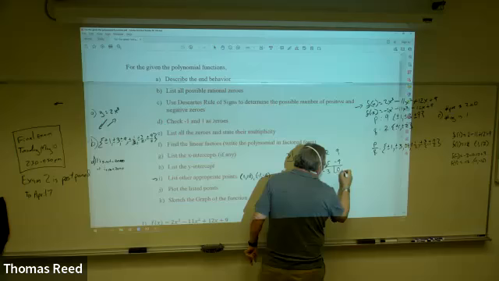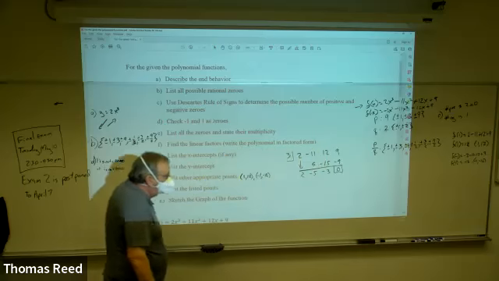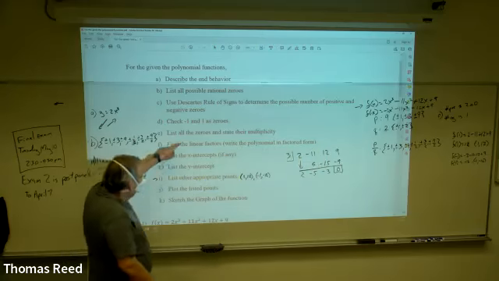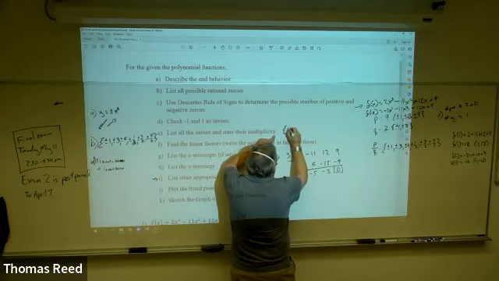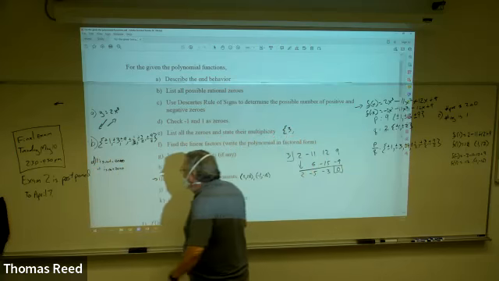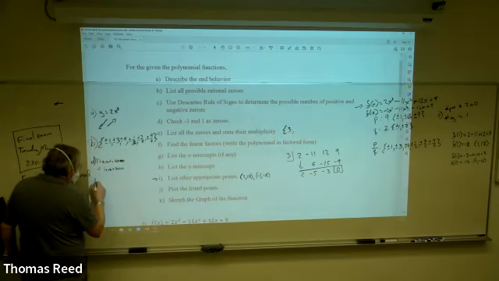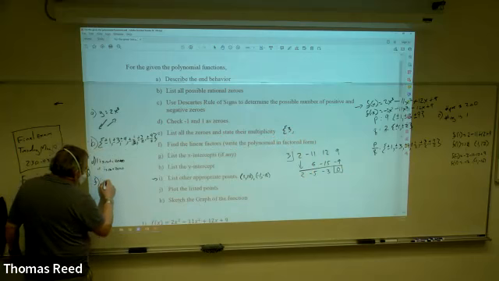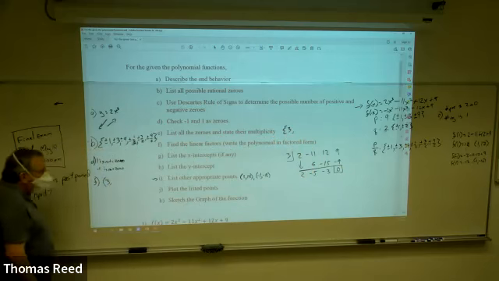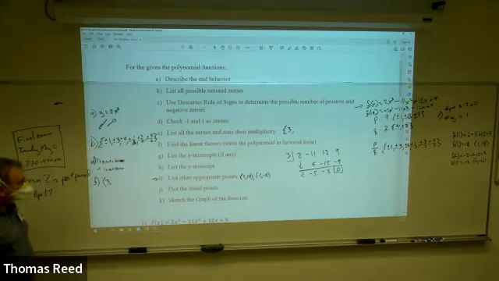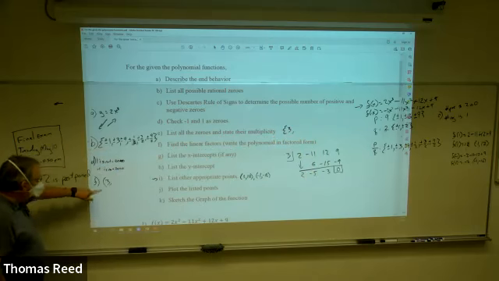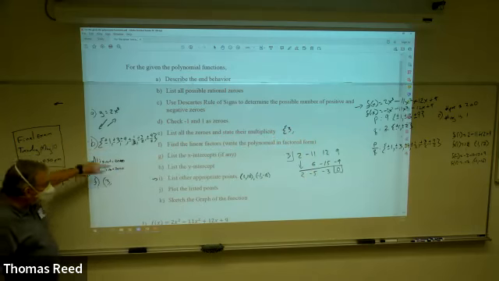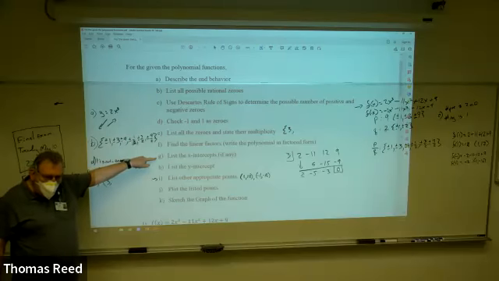And lo and behold, I get my first zero. So 3 is a zero. And guess what? If it's a zero, what else is it? So when I answer letter F, I'm also answering letter G.